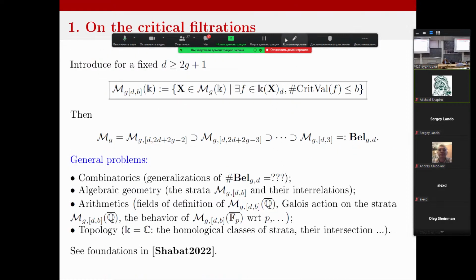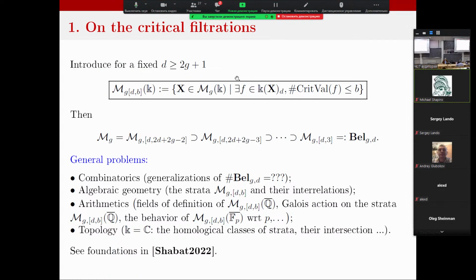So now, some generalities about these objects. We work with three integer parameters. D and G were already introduced. As for B, it is the cardinality of the branch set, the set of critical values. So we consider the filtrations of the moduli space.